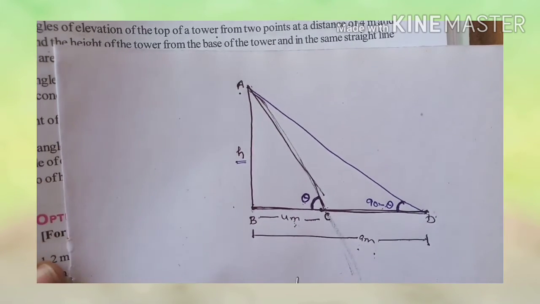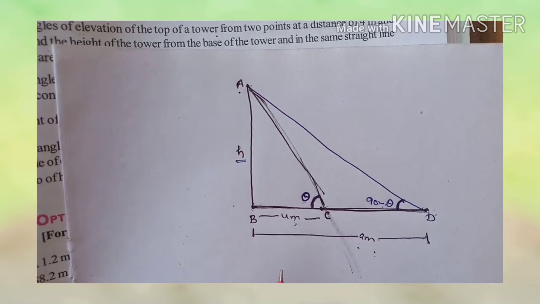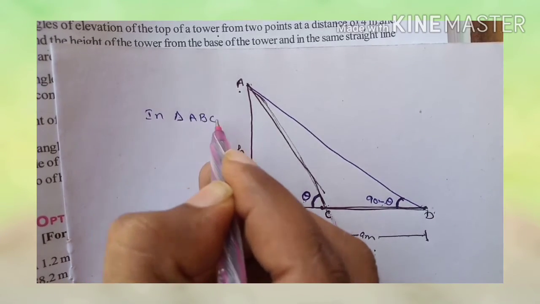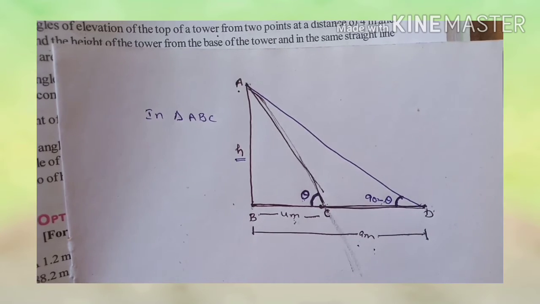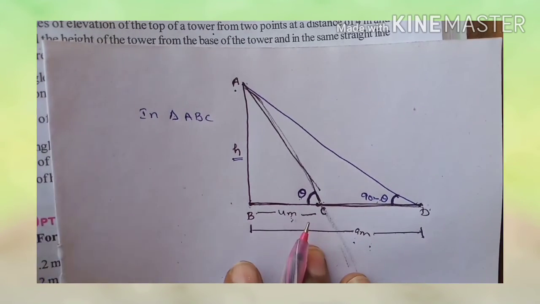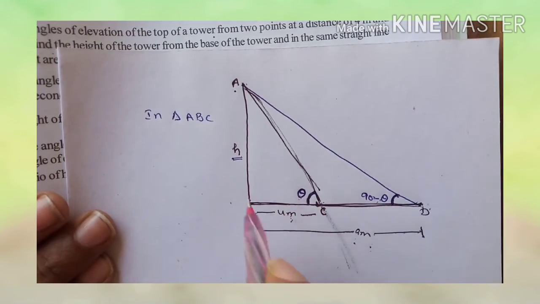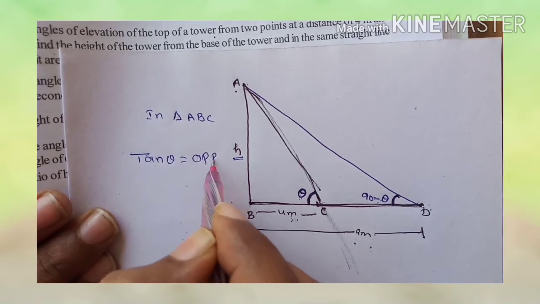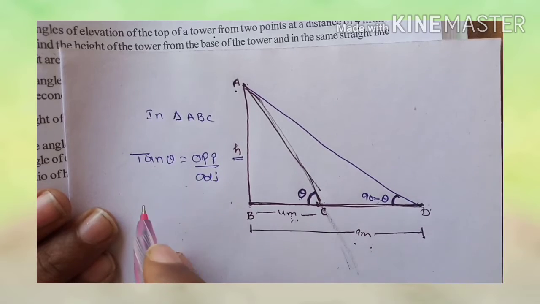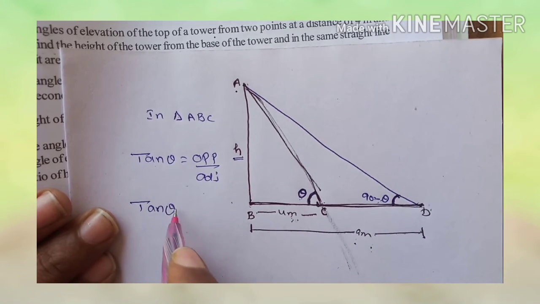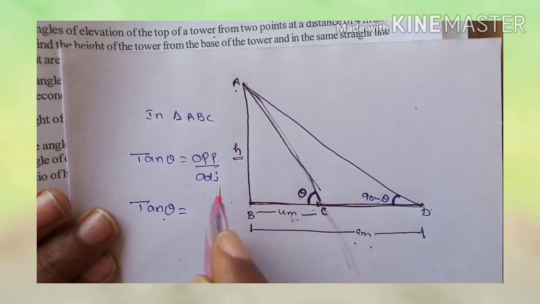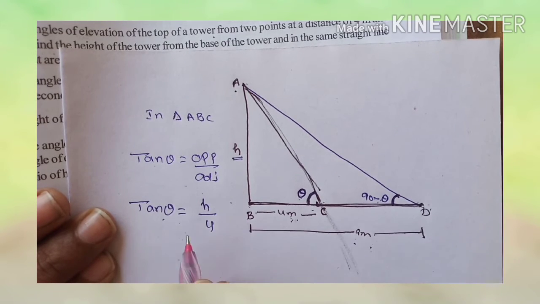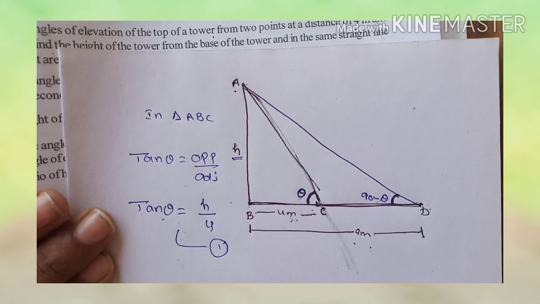Let's take the first triangle ABC. In triangle ABC, we can write tan theta. For this angle, opposite and adjacent, so we have to use tan theta is equal to opposite side by adjacent side. Opposite value equal to h, adjacent is equal to 4. This is equation 1. Right?